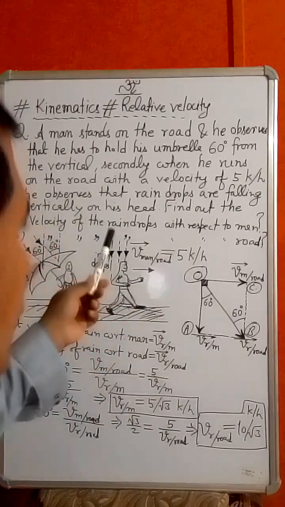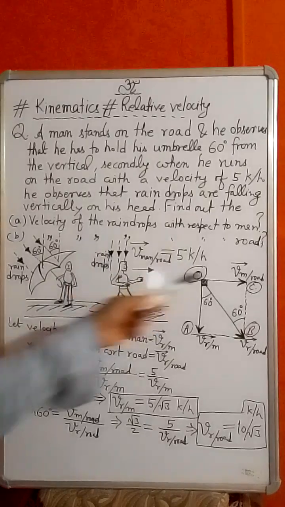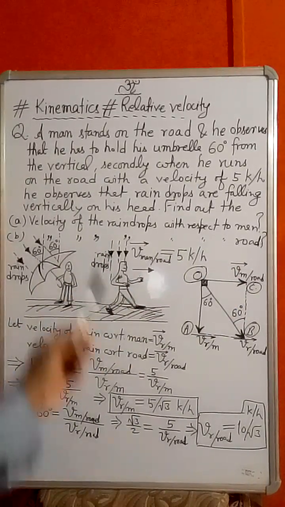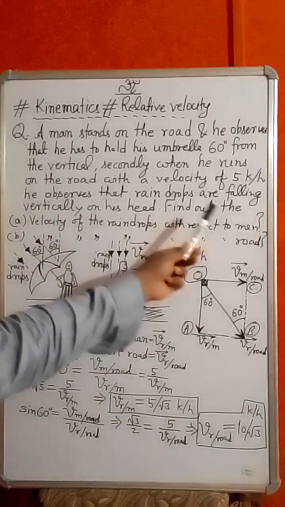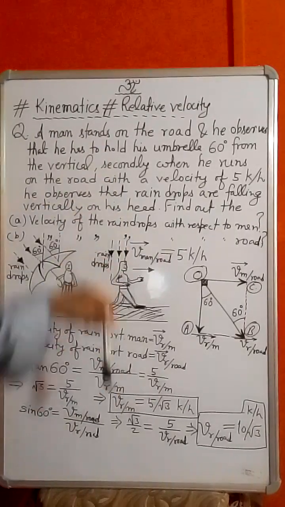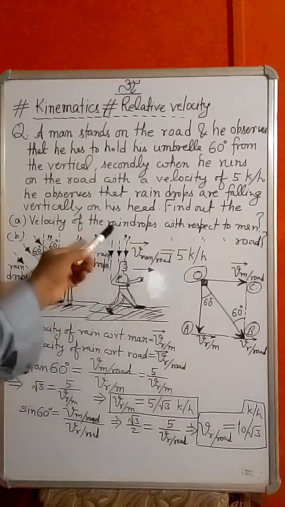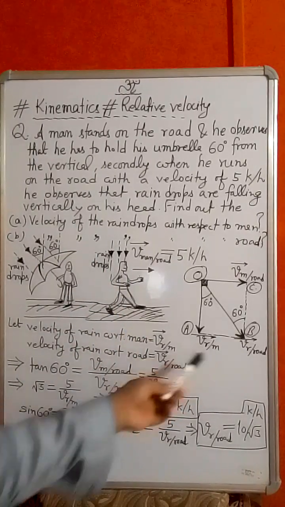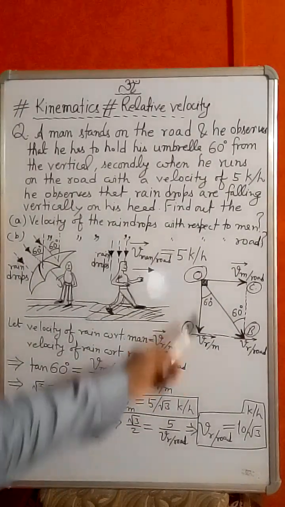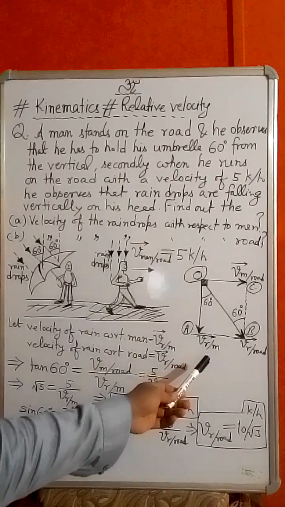Because in case 2, the man starts running on the road with a velocity of 5 km/h horizontally like this, and then he observes that the raindrops are falling vertically on his head like this. Look at the diagram very well. So this is the velocity of raindrop with respect to man while running. This is the velocity of rain with respect to man.